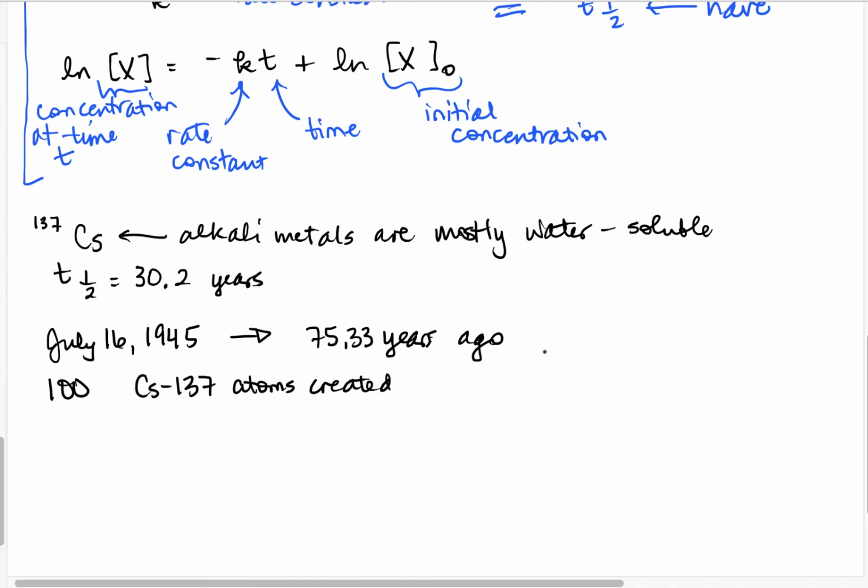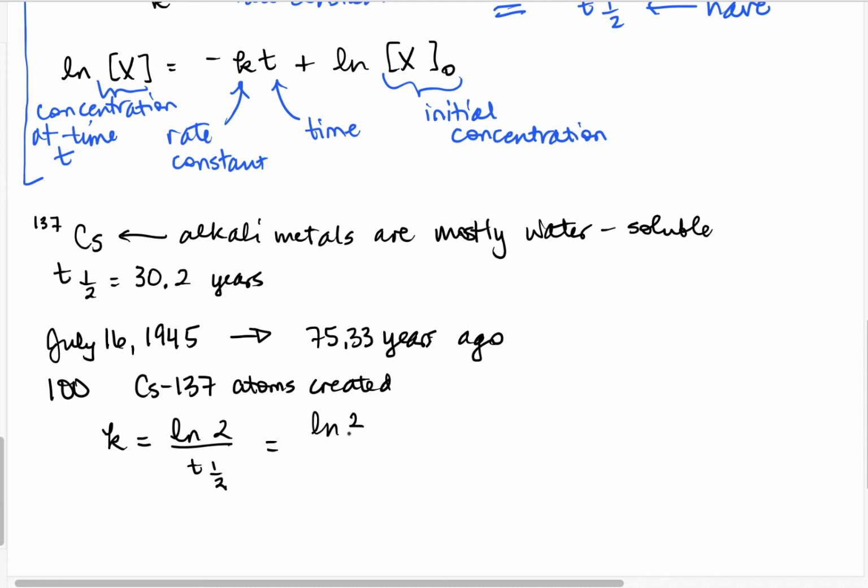Let's set this up with the equation so that we can see this as an illustration of how to use the equation. I said first that we can use the half-life to calculate the rate constant. So let's do that first. The rate constant equation using the half-life gives us natural log of 2 over t1/2.